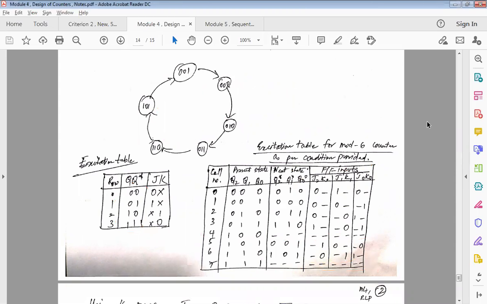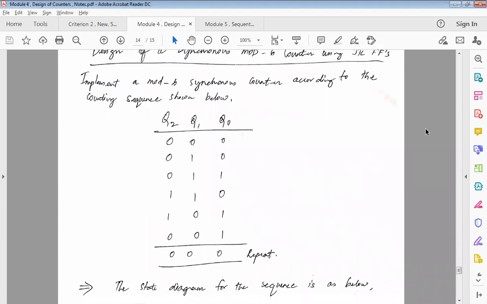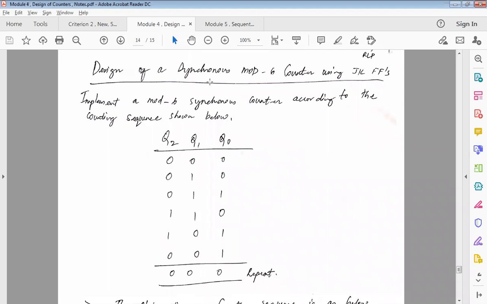So we can say that it is actually a synchronous one. That's why it mentions synchronous mod 6 counter. Counter, of course, we all know. Mod 6 means it should have about 6 states. So 1, 2, 3, 4, 5, 6. It has about 6 states. And synchronous, yes, because we are assuming that the clock is present and it is going on and on.